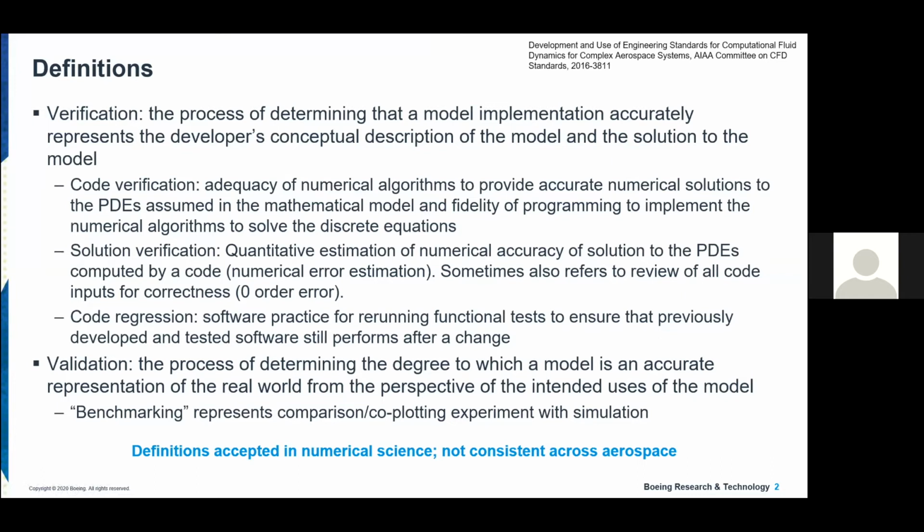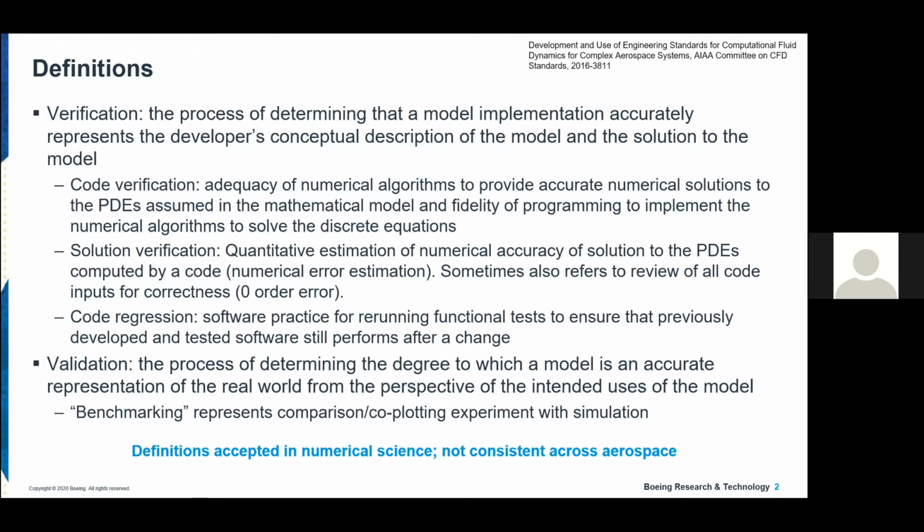But basically, there's a code verification standpoint, where this is focused on the developer to ensure that the numerical algorithms are coded properly and that we get the right steps. This is often associated with either having analytical solutions or the method of manufactured solutions as a way to verify that everything is coded properly and converges properly per what you would expect from the algorithm.